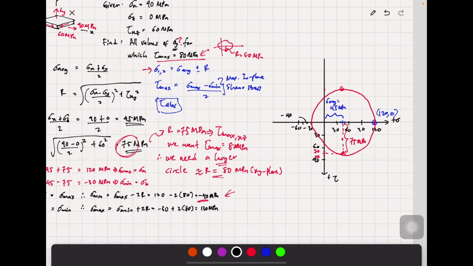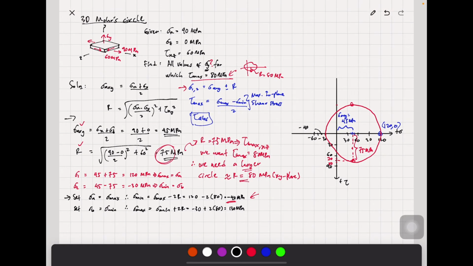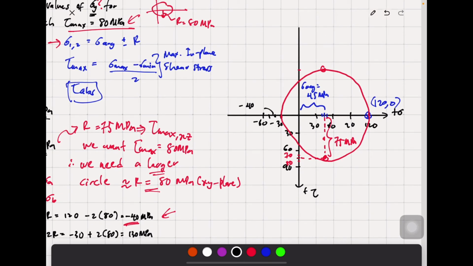And what happened when you calculate is we're going to have the new sigma average, which is 120, right? 120 plus 40, 160, and divided by 2, right? So the middle is 80 megapascal from 120, so you need to deduct that, 120 deducted by 80, your new sigma average.